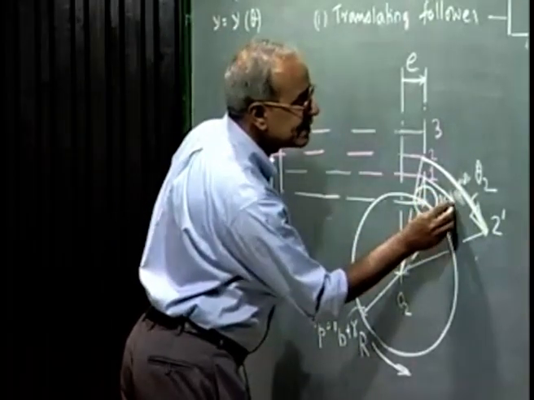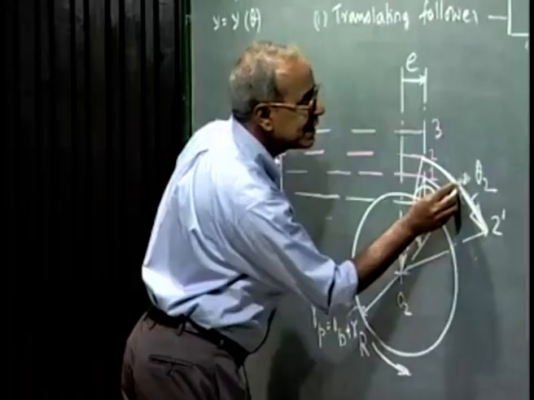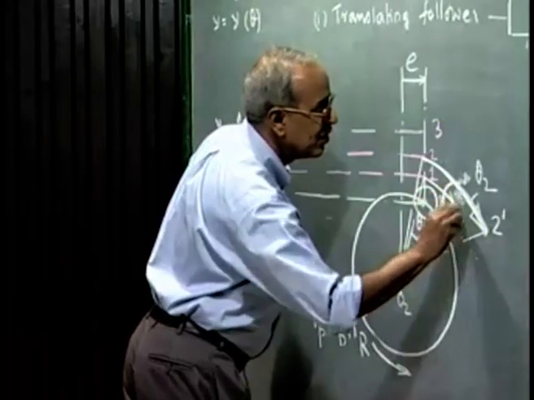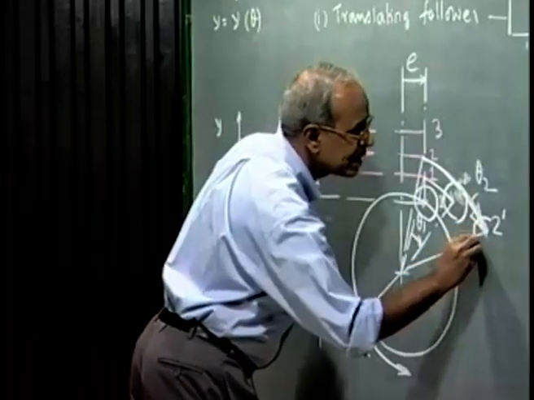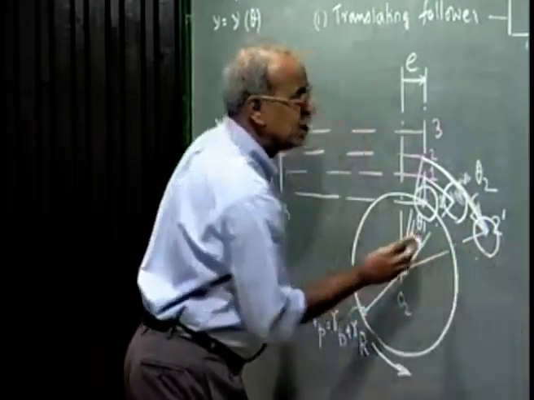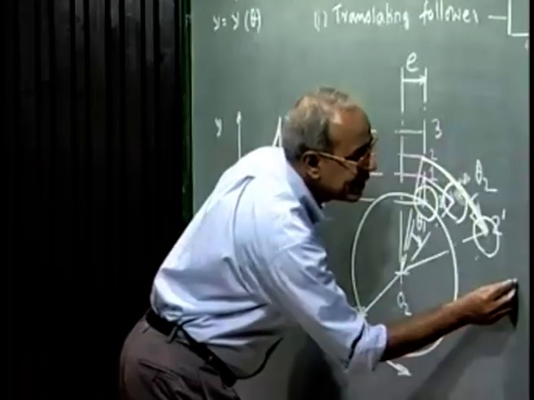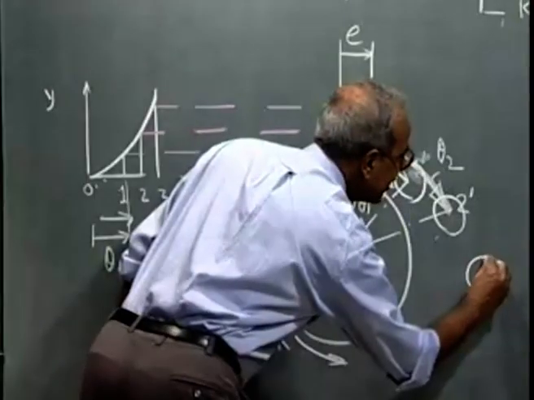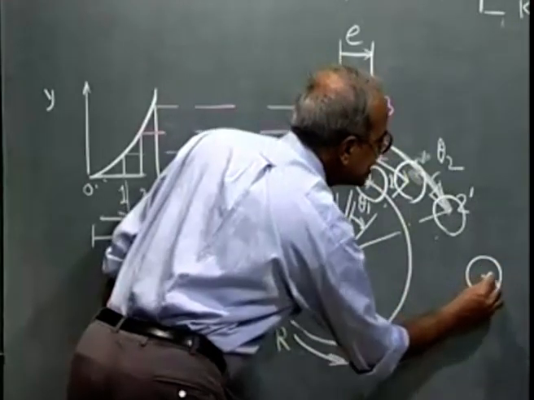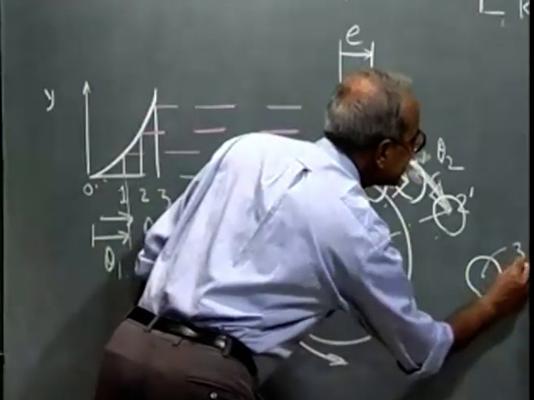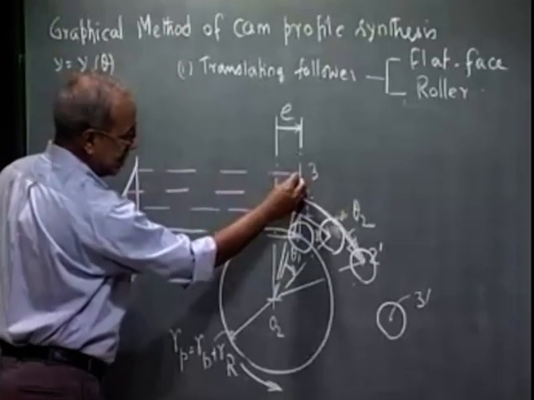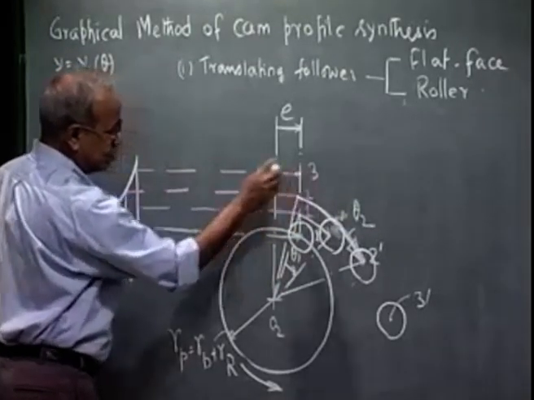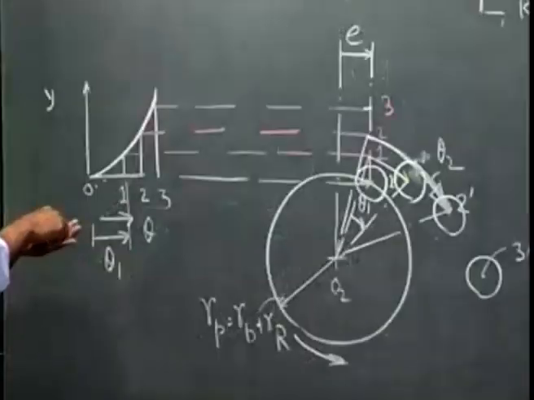Here again, this is the inverted position, with this point as center I draw the roller. With this point as center I draw the same roller. This way I keep on drawing the roller. This is, say, 3 prime, the inverted position of the trace point corresponding to the third station point.